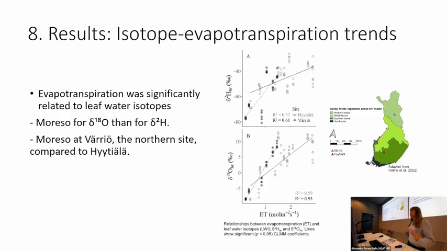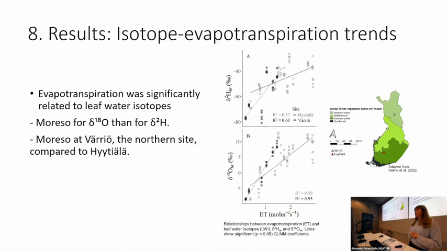And so the final results were showing relationships between the isotopes and evapotranspiration. We found that evapotranspiration was significantly correlated to leaf water isotopes, but it's also showing some really interesting trends about context dependency at these sites. Firstly, one of the water isotopes was more strongly related to evapotranspiration than the other isotope.